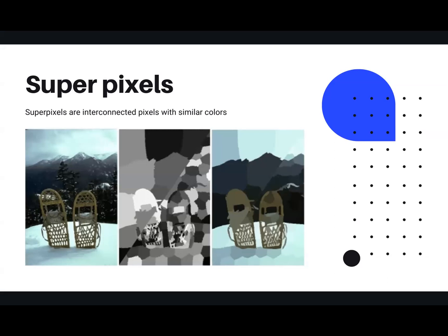Remember in the first RCNN architecture, we said that we will be using selective search to find potential regions of interest that could represent an object. These regions should be similar in color, intensities, hue, or anything that you can calculate, and you just group those pixels together into a region. Superpixeling is a similar technique that does exactly that, and it just finds the interconnected pixels with similar colors.